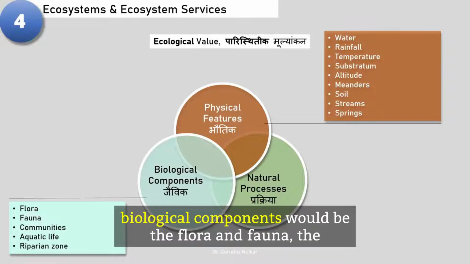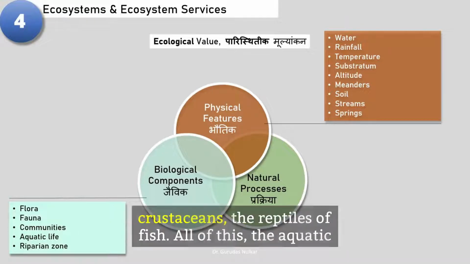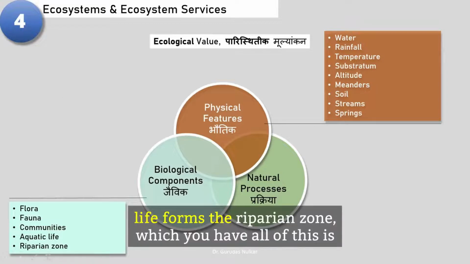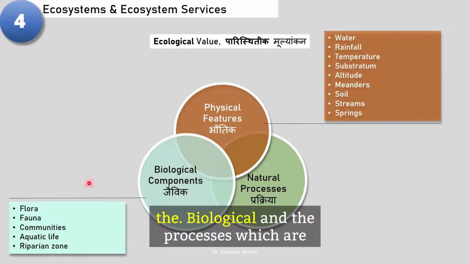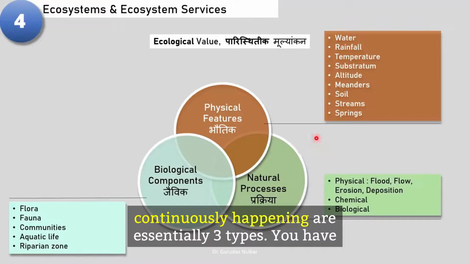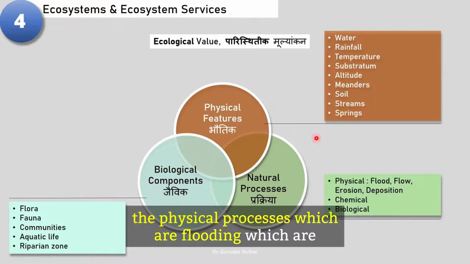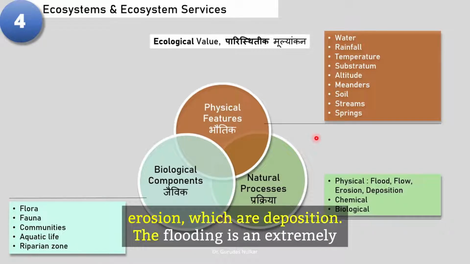The biological components would be the flora and the fauna, the crustaceans, the reptiles, the fish, all of the aquatic life forms, the riparian zone which you have, all of this is the biological component. And the processes which are continuously happening are essentially three types. You have the physical processes, which are flooding, erosion, and deposition.